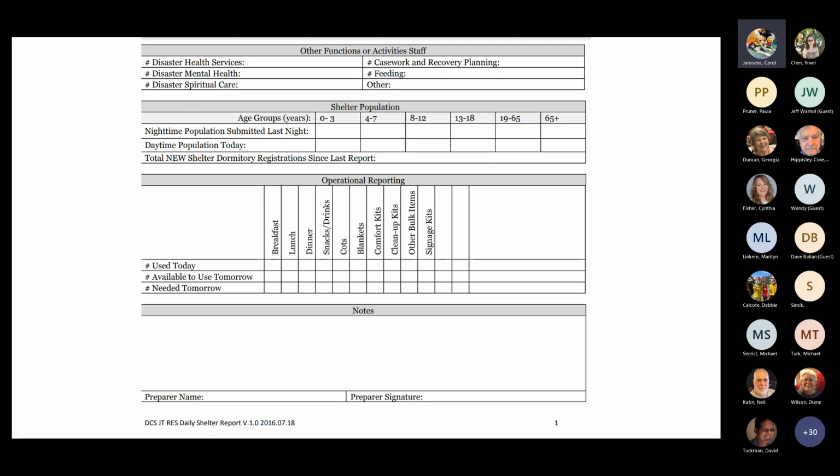The other thing that's not on here, that we didn't used to see but see a lot of now, is the outside population. We're seeing more and more people bring their RVs to the shelter so they have use of the shelter, but they don't want to sleep in a congregate shelter, so they'll sleep in their own RV or even set up a tent in the parking lot. Every once in a while, you'll get somebody who prefers to sleep in their car outside.